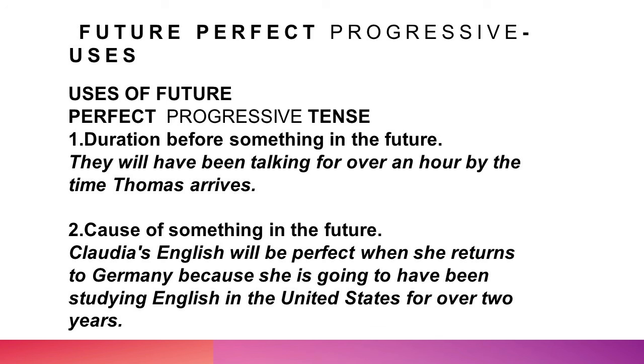So the entire sentence is not in future perfect progressive, but the second portion of the sentence specifies the future perfect progressive tense. She is going to have been studying English. So these are the various use cases of the 12 tenses that we have studied in the English language.